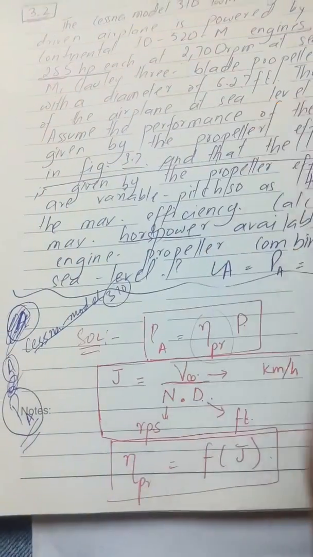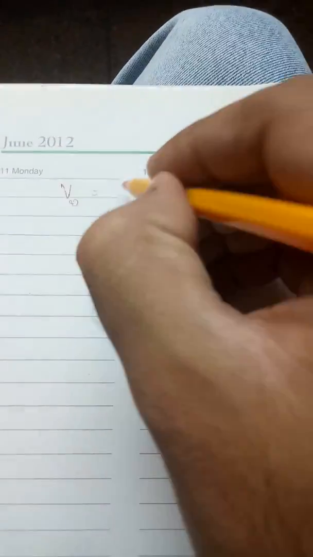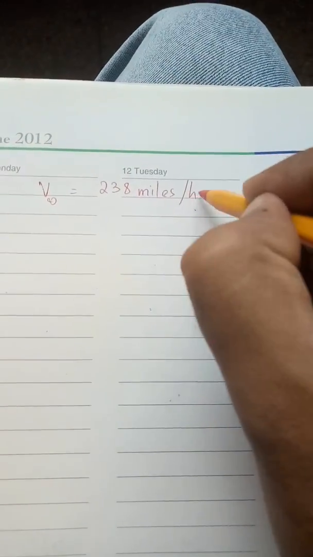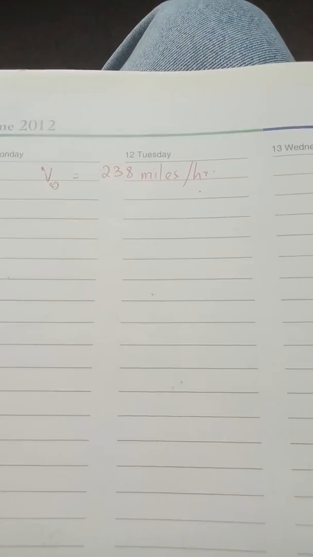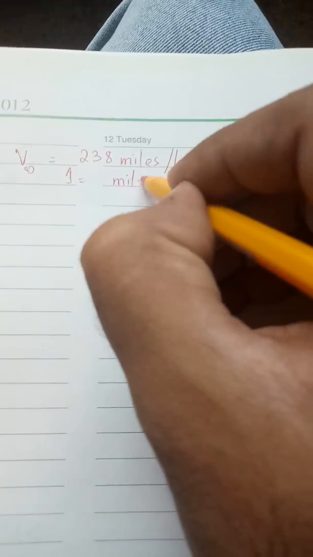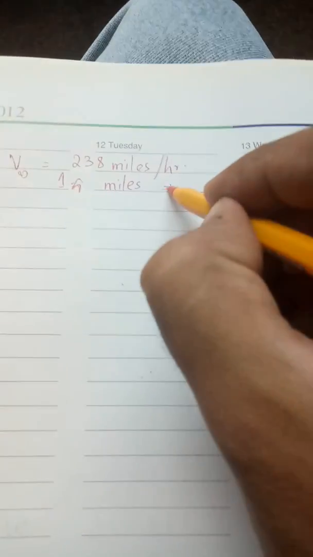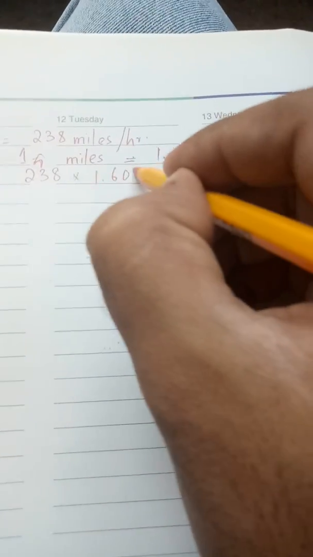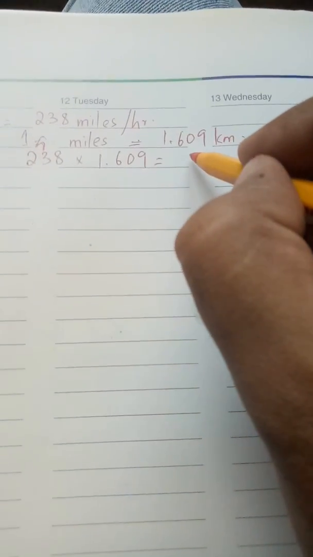The maximum speed of the airplane at sea level is equal to 238 miles per hour, and when you convert it into kilometers per hour, 1 mile is equal to 1.609 kilometers, so 238 multiplied by 1.609 would be what?